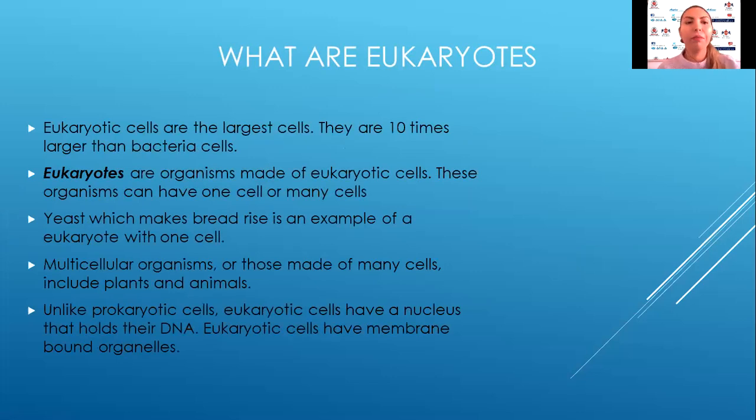Eukaryotic cells are the largest cells. They are 10 times larger than the bacteria, larger than the prokaryotic cells. Eukaryotes are organisms made of eukaryotic cells. These organisms can have one or many cells. When we say eukaryotes, the cells are called eukaryotic cells.